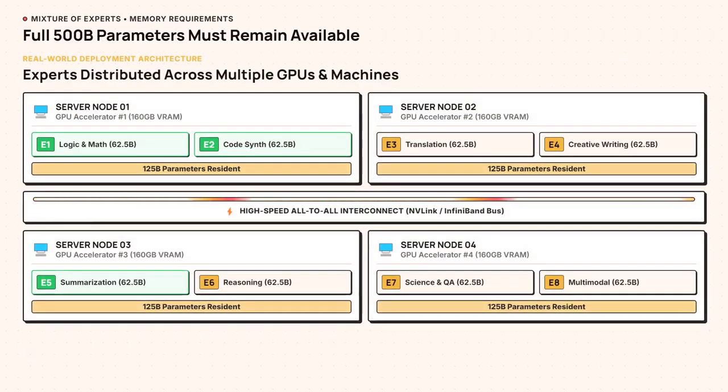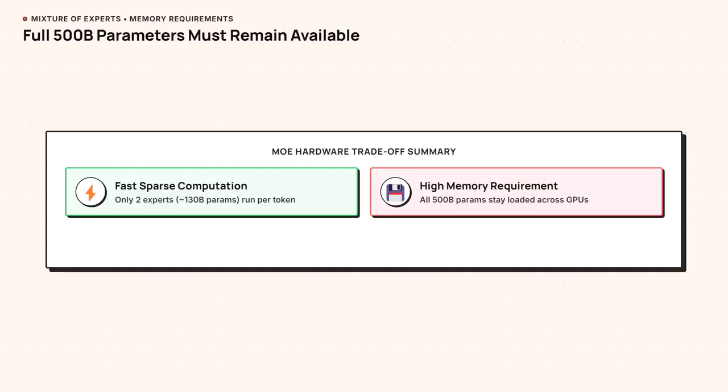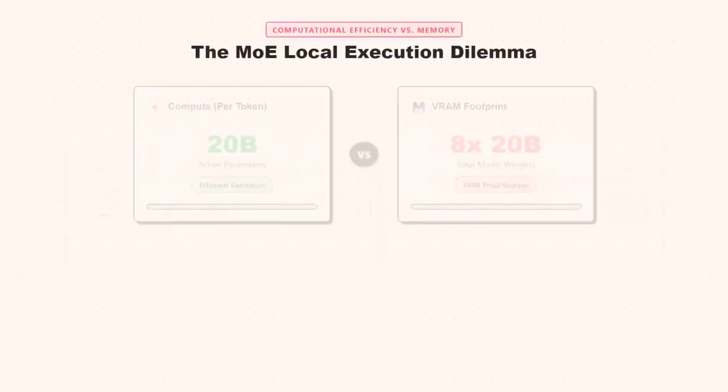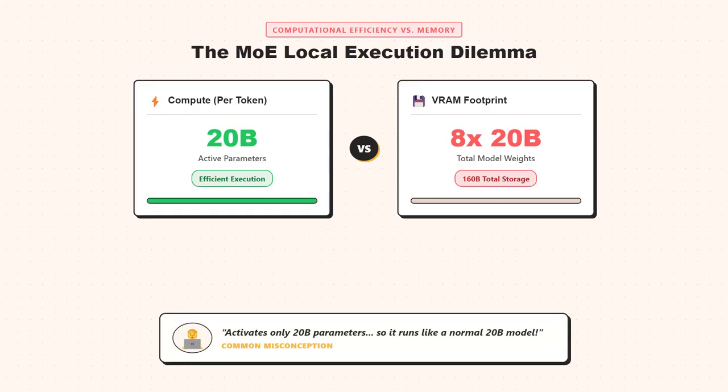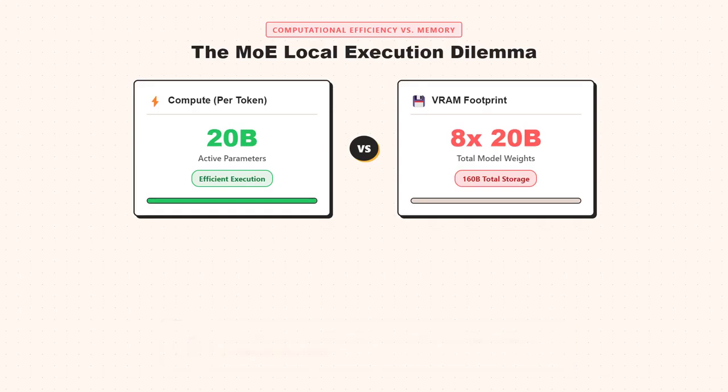In practice, experts may be distributed across multiple GPUs or even multiple machines. This is why an MoE model can be relatively efficient to compute while still being extremely difficult to run locally. People sometimes look only at the active parameter count and say, this model activates only 20 billion parameters, so it should run like a normal 20 billion parameter model.